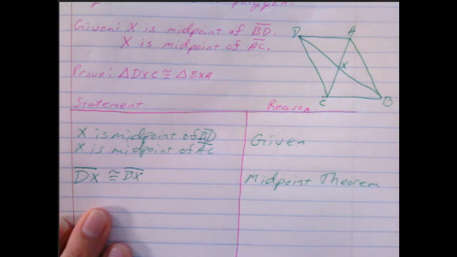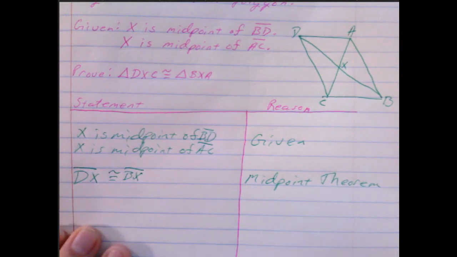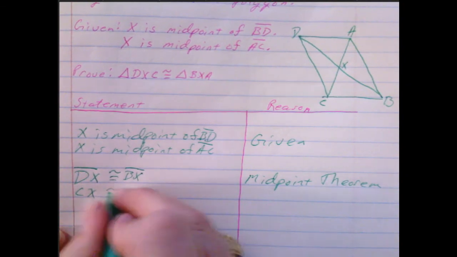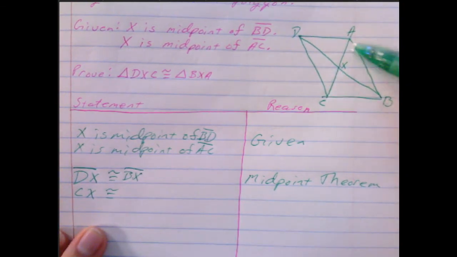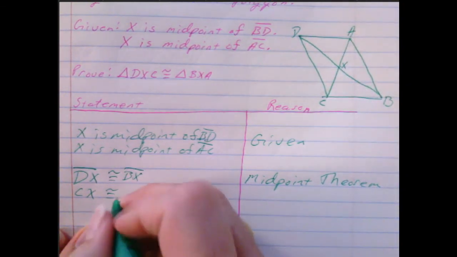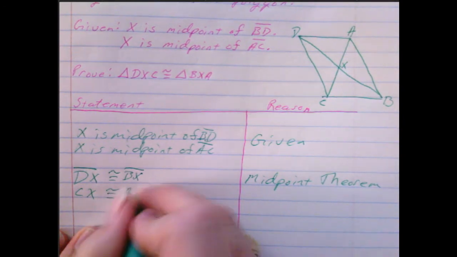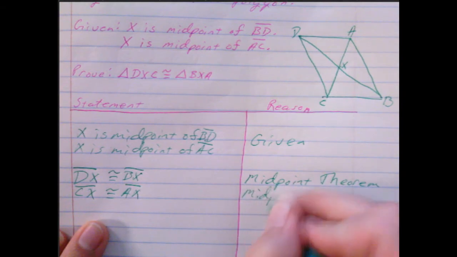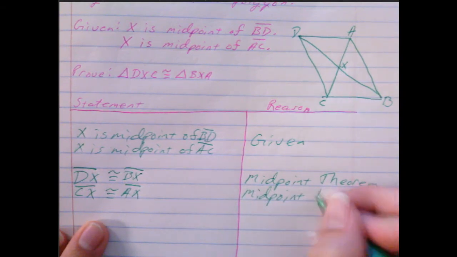Or definition of midpoint. Okay? We also know that CX is congruent, this one here, is congruent to this piece, which is AX, and that's the same reason. It's our midpoint theorem.